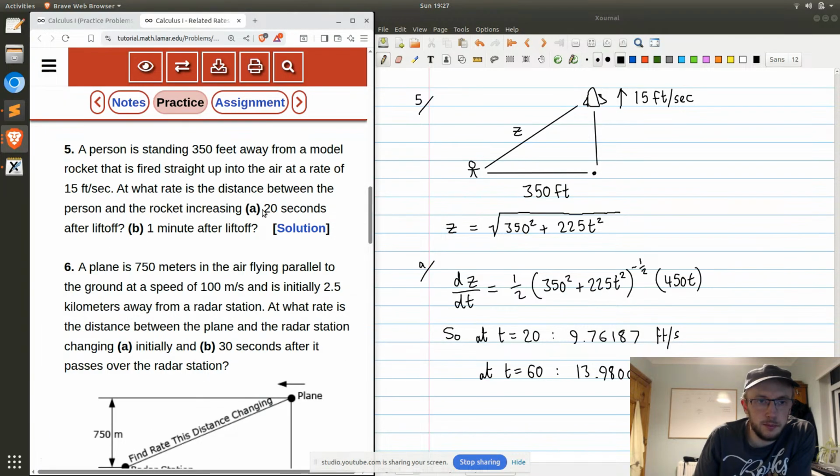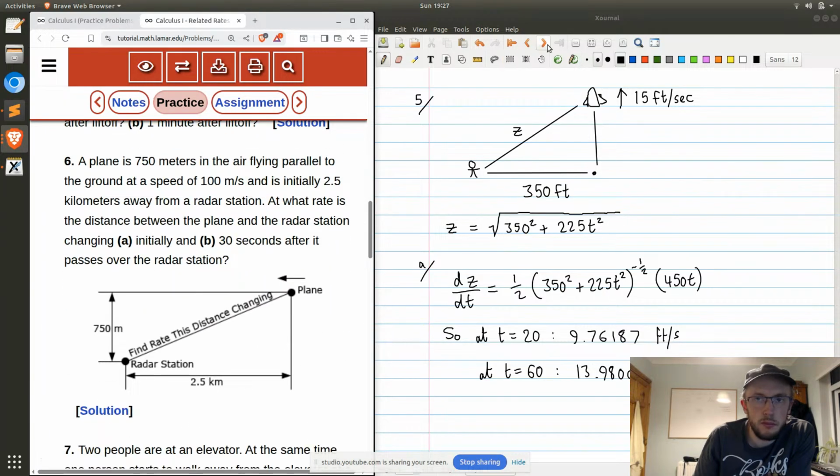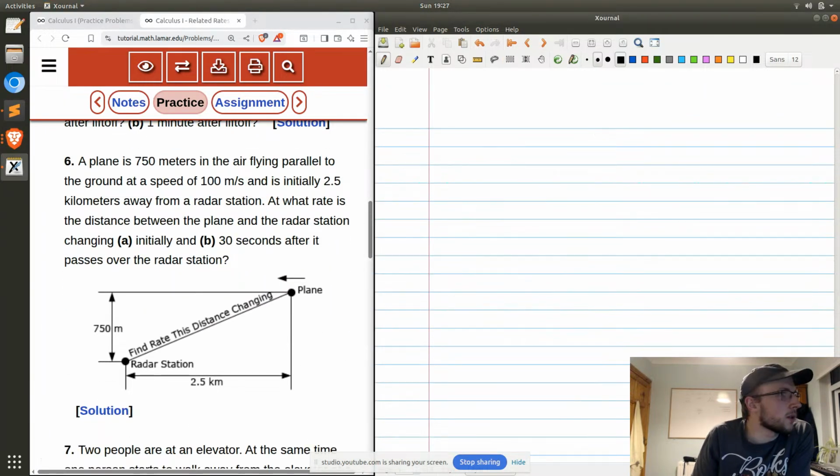Okay. There was also this one. This caused me quandaries. A plane is flying like this, and is actually.